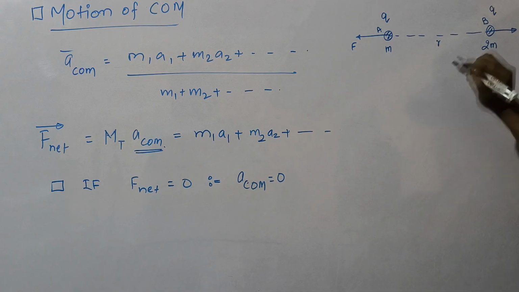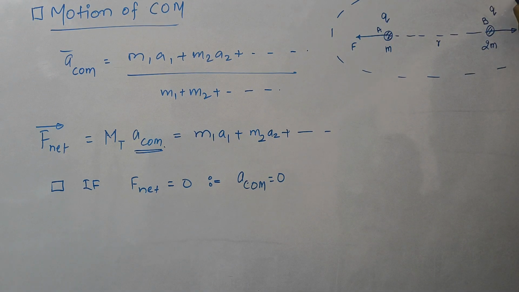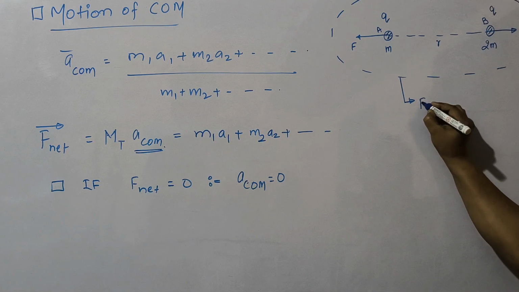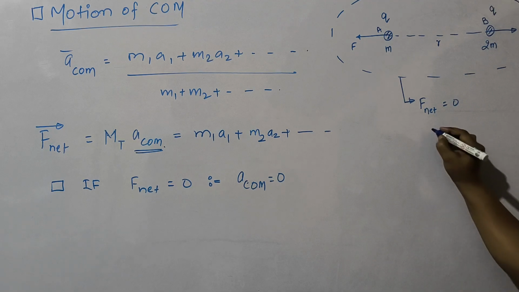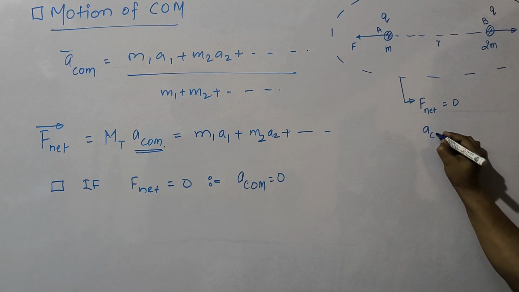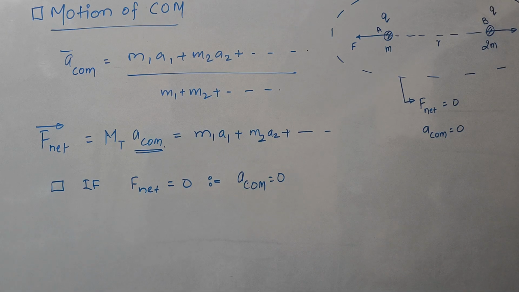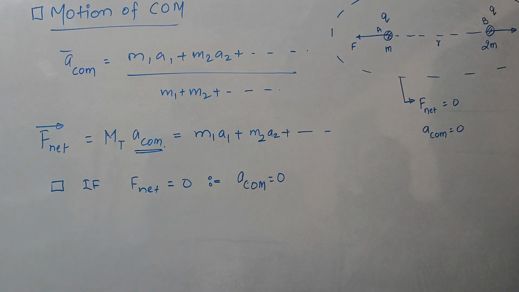So the net force on the system will be 0. So I can say F net is equal to 0. So obviously I can say the acceleration of center of mass is also 0. So what about the acceleration of the charge at A?